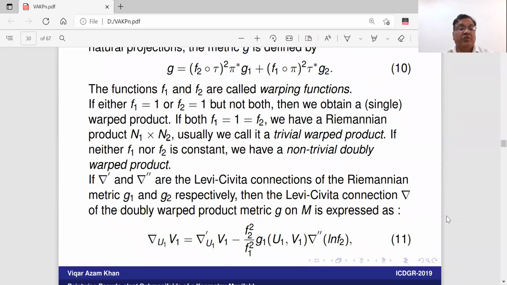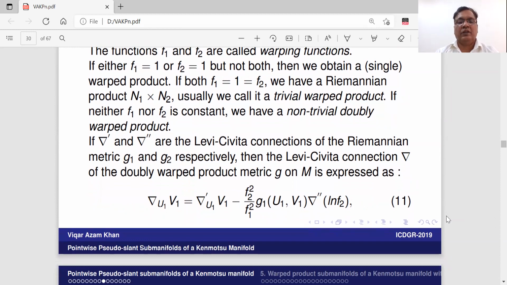Now, since we have two manifolds, the Riemannian connection of N1 I will denote by del dash, and del double dash denotes the Riemannian connection on the second factor N2. And the relationship which is known already, Bishop and O'Neill found these relationships, del U1 V1 equals this much, where del double dash ln F2 is known.